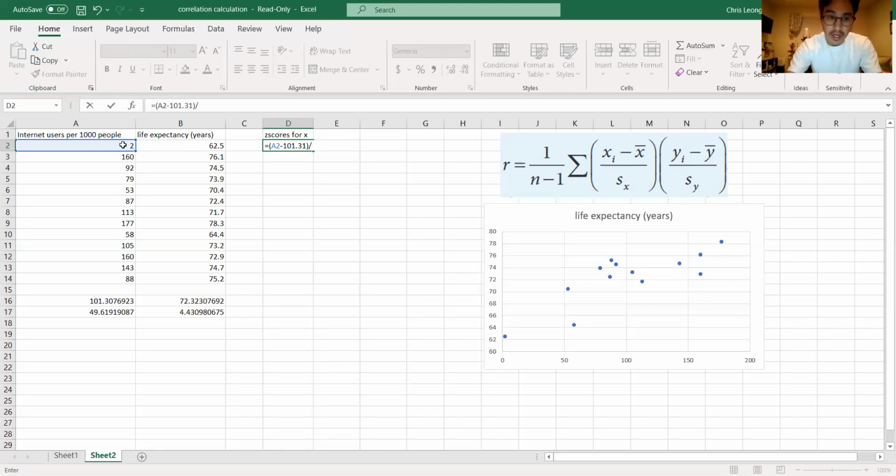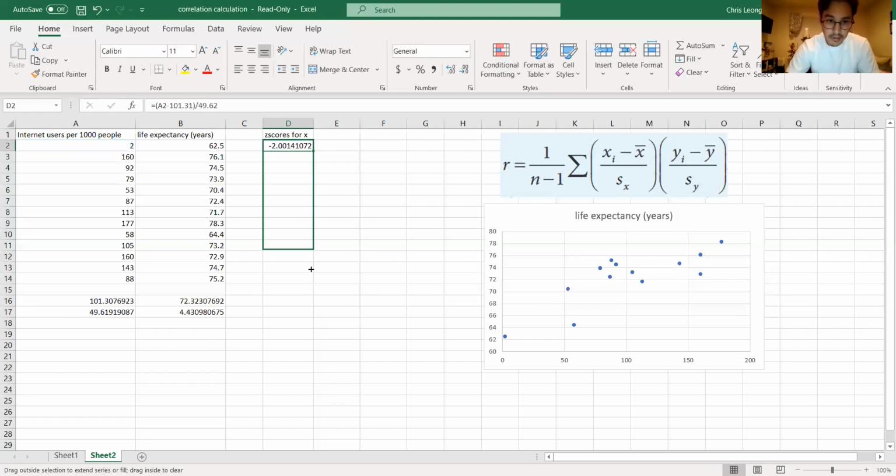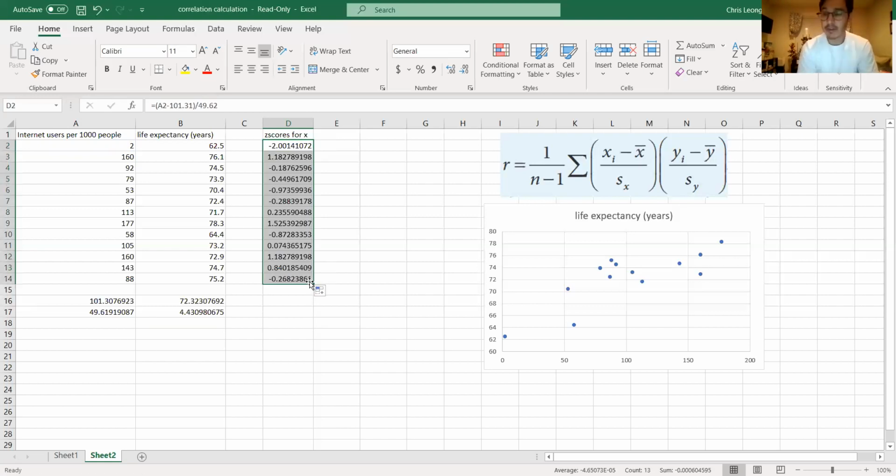We'll call that 49.62. And then we will apply that to every other value in the x list, internet users per 1,000 people.